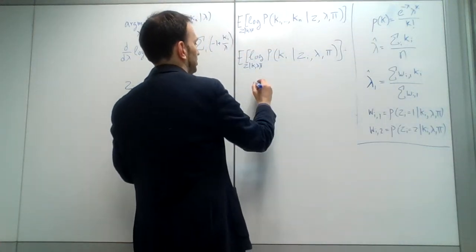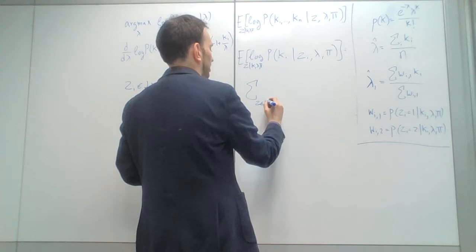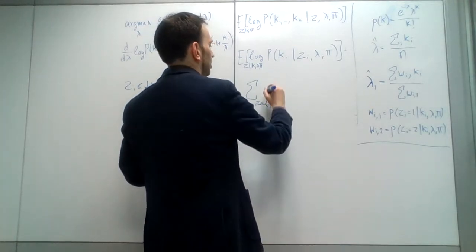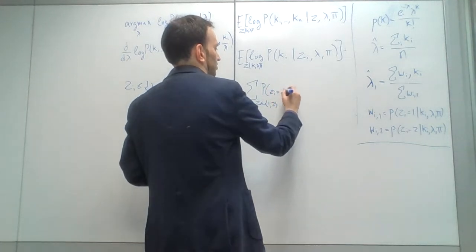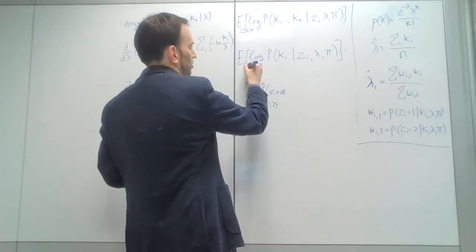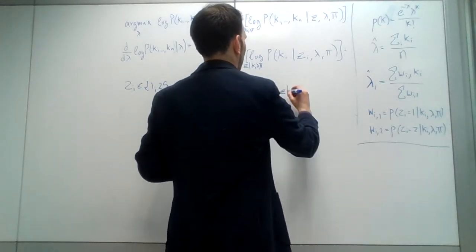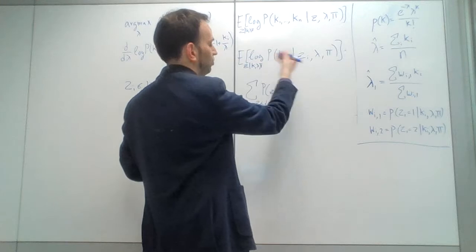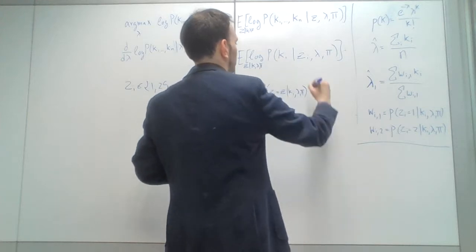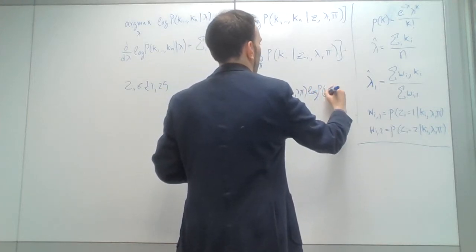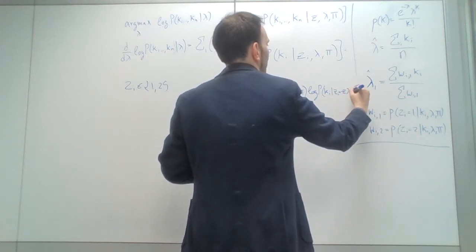I'm just using the definition of the expectation: it's going to be the sum over the possible values of z, so z is in 1, 2, of the probability that zi is equal to z, given ki and lambda and pi, times the log probability of ki given zi is equal to z, and lambda and pi.